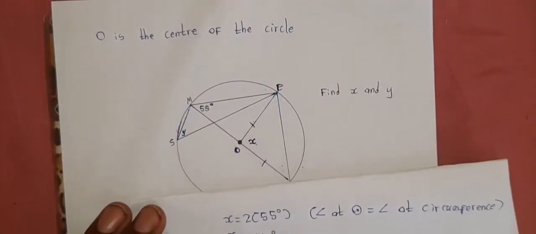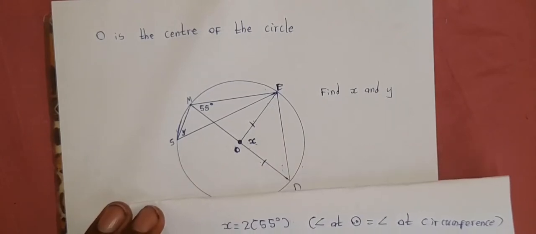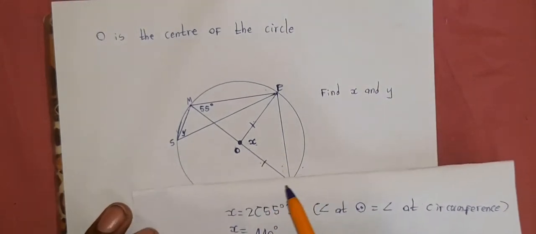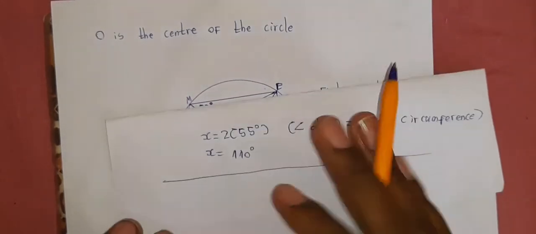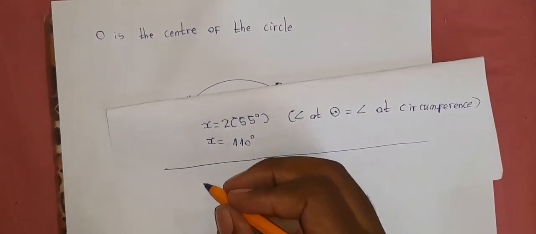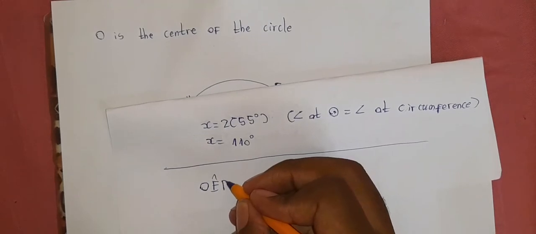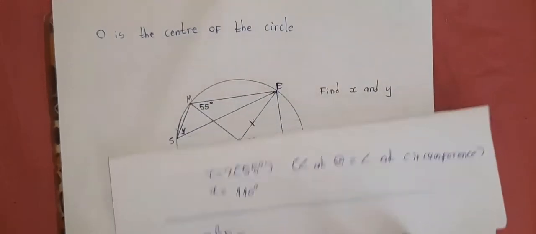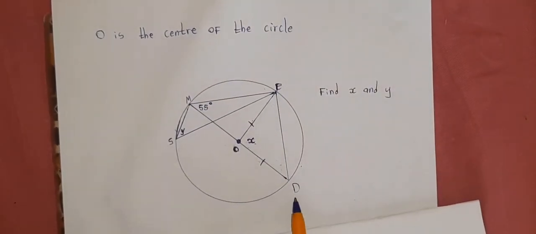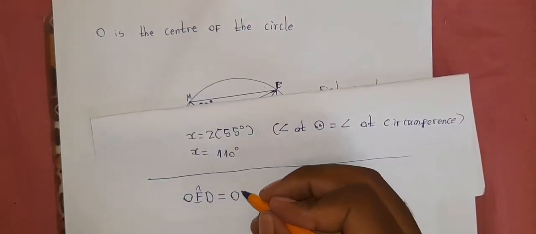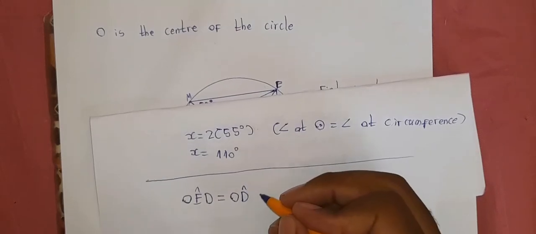Let's say angle OED is equal to angle ODE. The angle that we want, we put it in the middle.